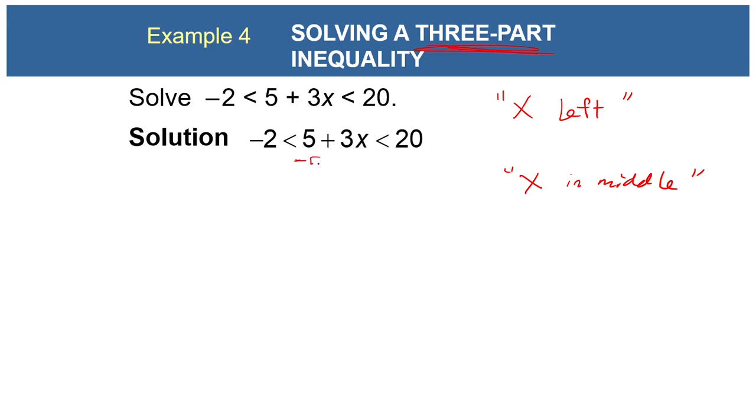Let's subtract 5 from all of the sides. When I'm doing an inequality, I have to subtract from all three sides. So let's subtract 5 from all three sides. We have negative 7 is less than 3x, and that's less than 15.